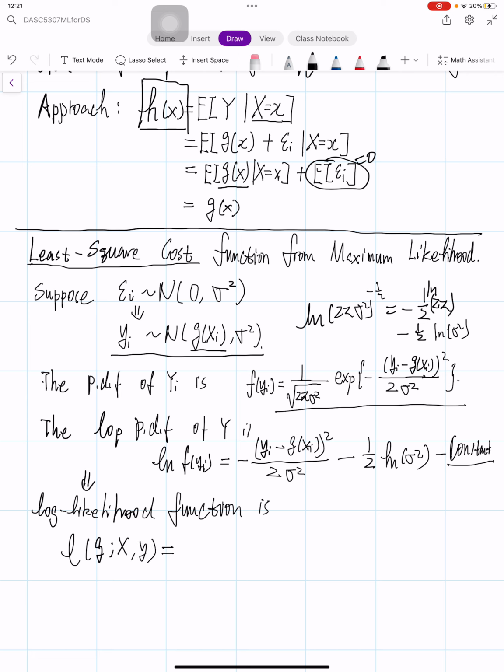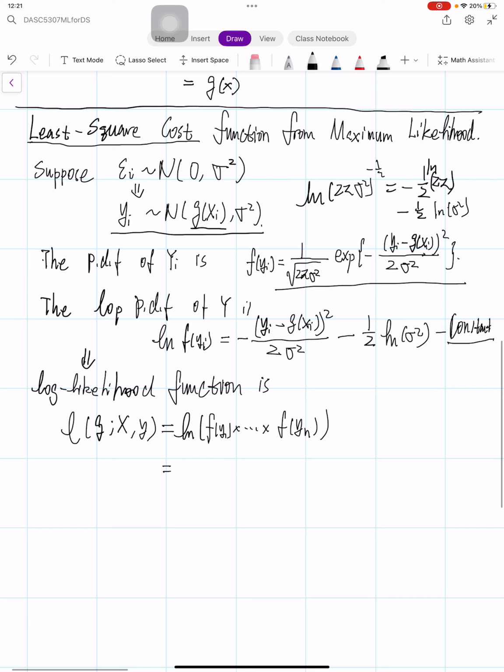The log likelihood function is given by the natural log of the product of all the data points, the probability of y1 through the probability of yn.